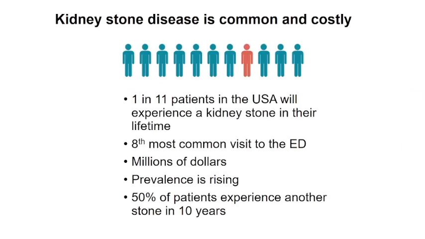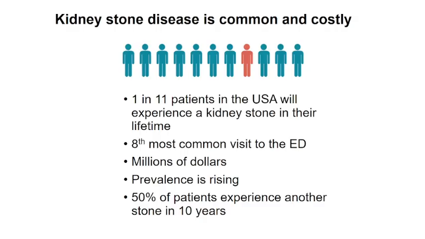Kidney stone disease is very common and very costly in the United States. We estimate that about 1 in 11 patients in the United States will experience a kidney stone in their lifetime. It's the 8th most common visit to the emergency department in the United States. It costs millions of dollars to evaluate these patients because they come into the emergency department frequently for the pain, and they require stone surgery, which is also costly.